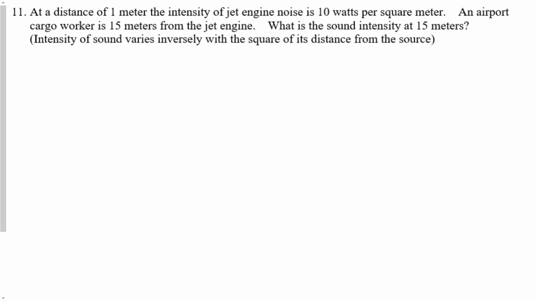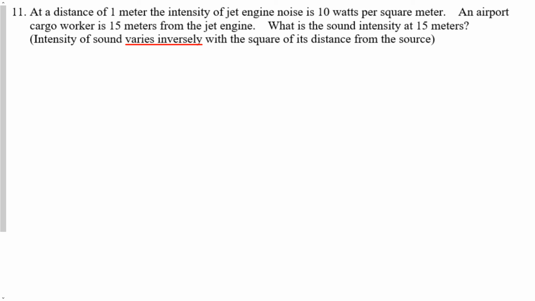Last one, same idea. Read through the problem, figure out which type of variation you are using, be able to write the equation from that using the specific variables in the problem, and then move forward like we've been doing. So in this case, we don't find which type of variation this is until much later in the problem here. It tells us that the intensity varies inversely with the square of the distance from the source.